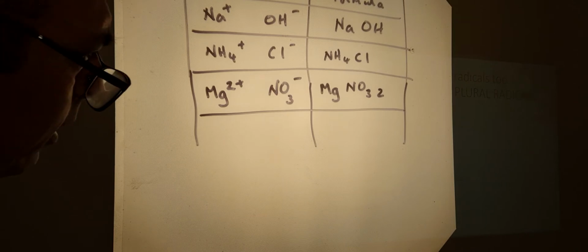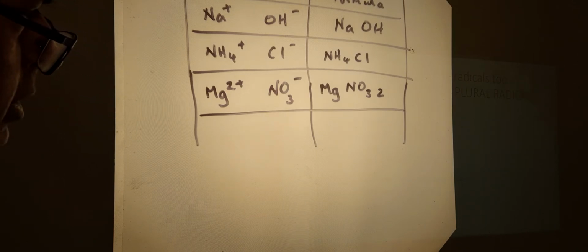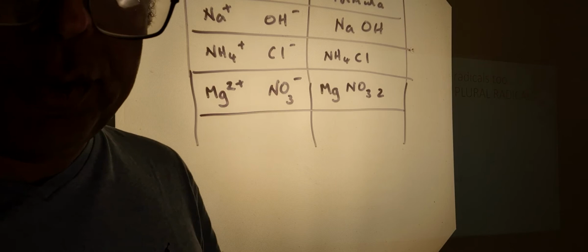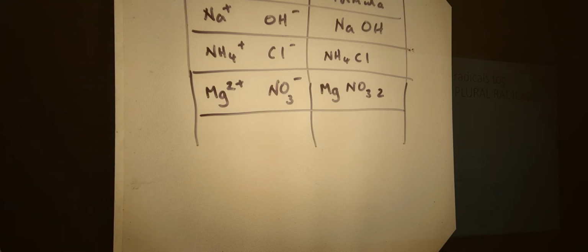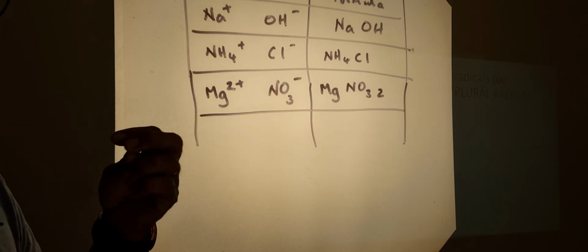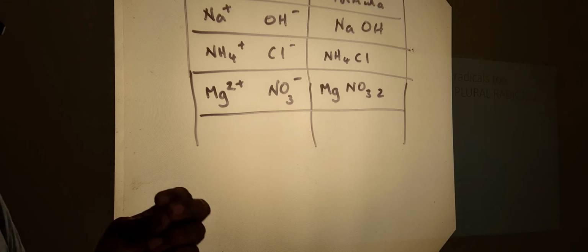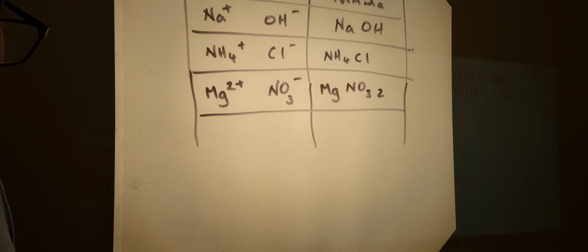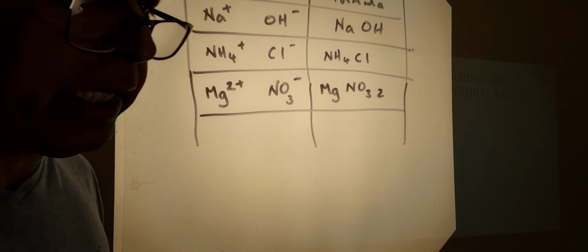And if I leave it like that, it's going to mean I've got 1 magnesium, 1 nitrogen and 32 oxygens. And that is not what I'm trying to show. I want 2 lots of nitrate. So you have to use brackets. On occasions, brackets must be used, and this is one of those occasions.